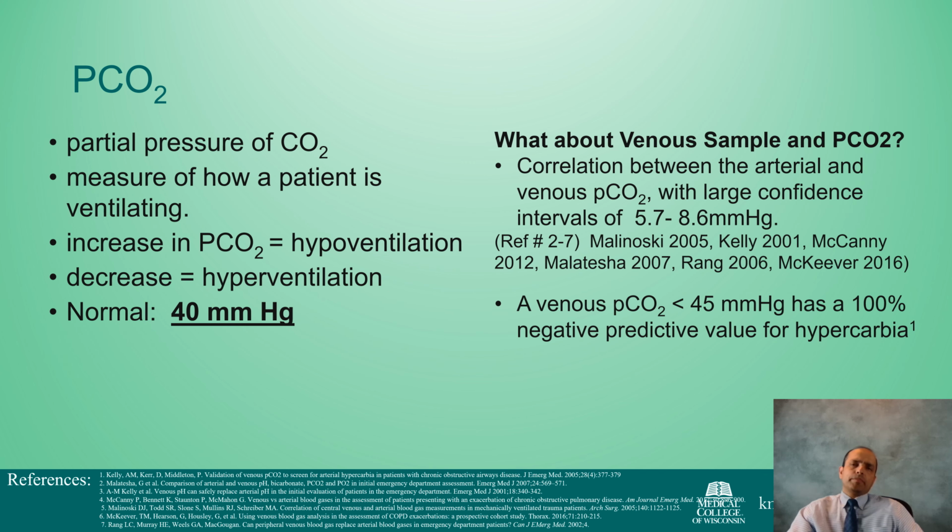Let's talk about PCO2, which is a partial pressure of carbon dioxide. It measures how a patient is ventilating. Remember, the respiratory membrane is very much permeable to carbon dioxide. Carbon dioxide is more permeable than oxygen.